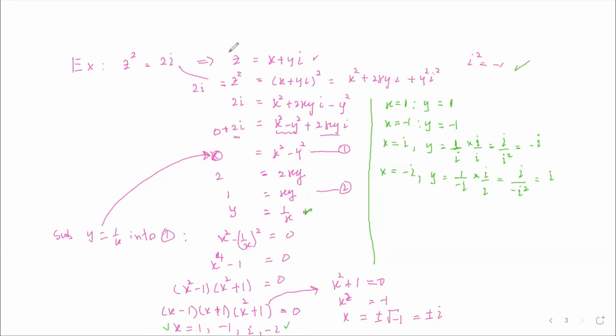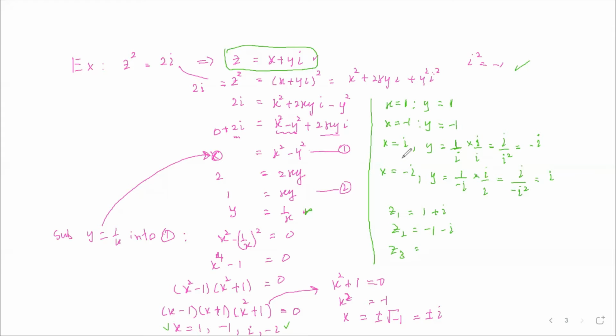So now you can write the pattern here. Okay. So for the first root, if x is 1, y is 1. And then the second root, if x is negative 1, y is negative 1. Okay. And the third root is what?